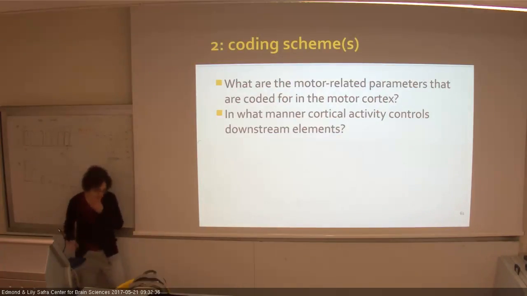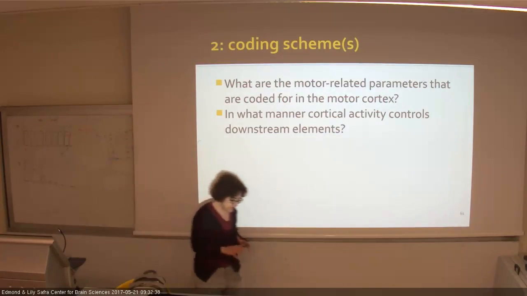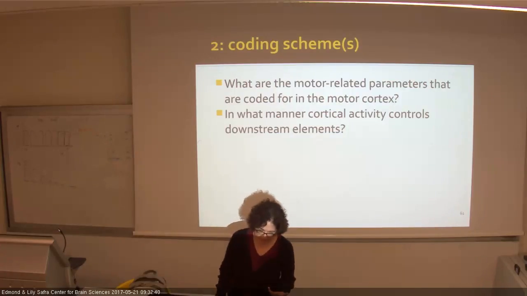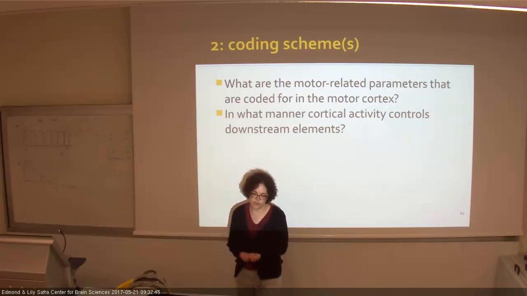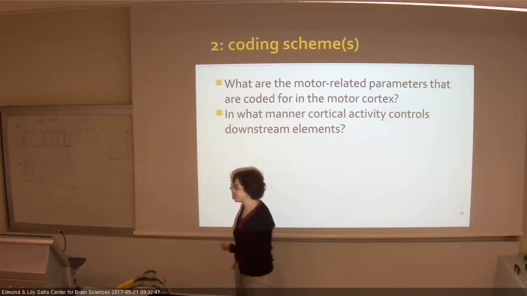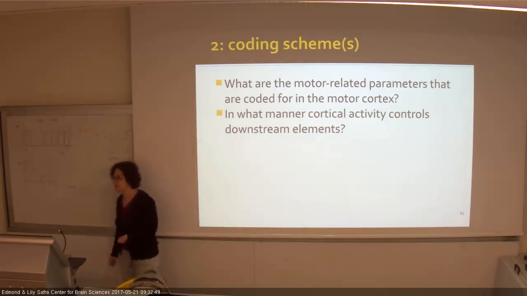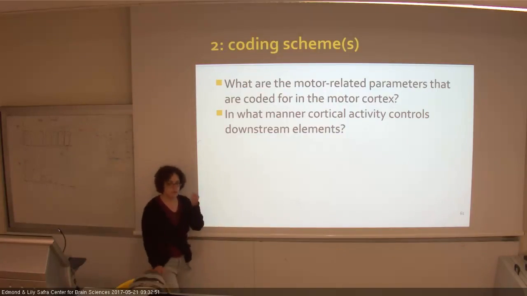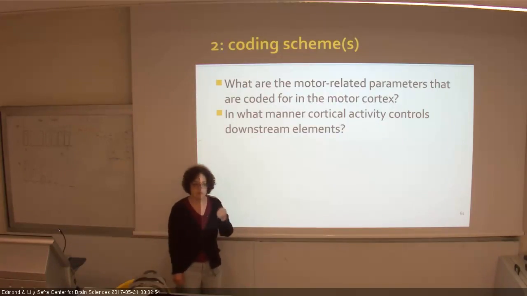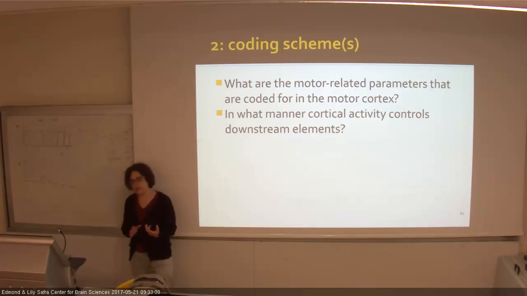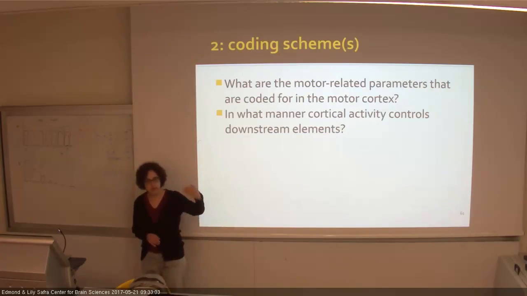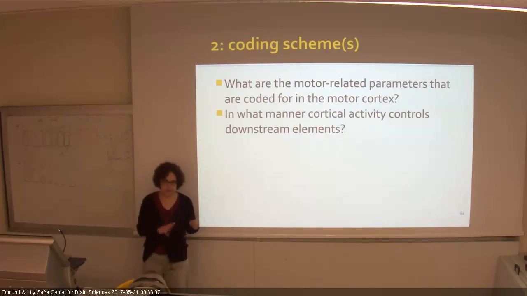So maps are only useful to learn about the organization, but they may not be the way that the motor system actually controls movement. In order to understand how the motor system controls movement, we need to study the motor-related activity of single cells in the motor cortex, and what parameters of movement are being directly controlled by these motor cortical cells.